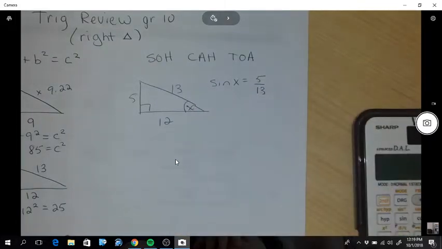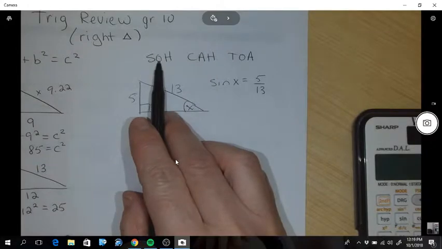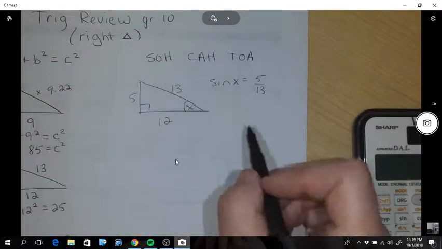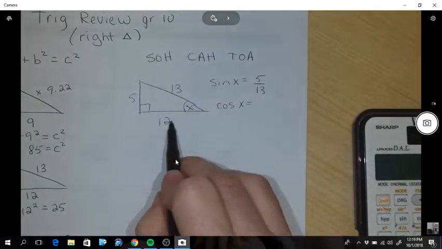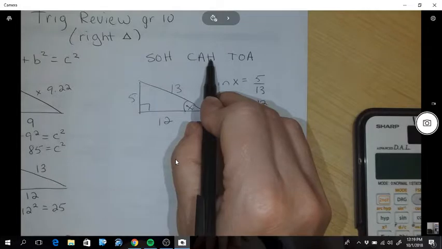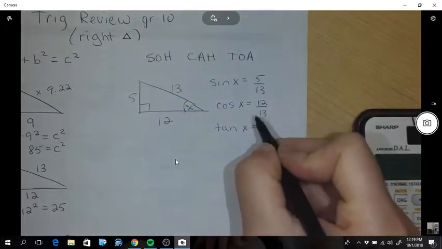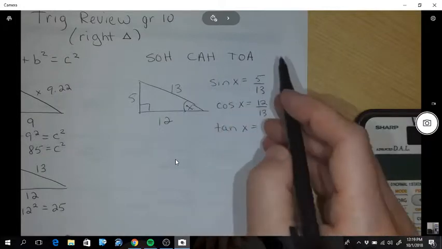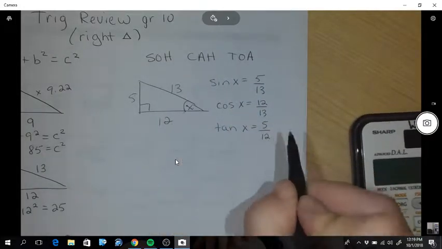So that would be the ratio of my sine of x. You're using this as your fraction, O over H. Cosine of x would be the A, which is the adjacent side, so 12 over the hypotenuse, which is 13. The tangent ratio of x is the opposite side, which we discovered was 5, over the adjacent side, 12.